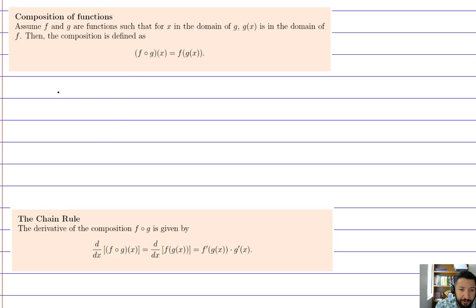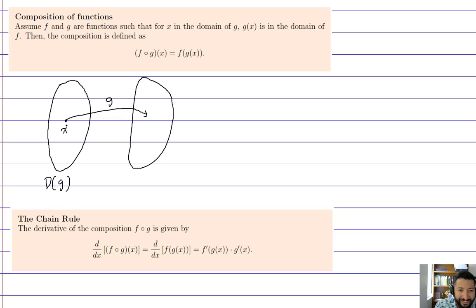So the first thing we're going to do is consider the domain of the function g, let's call it D of g. Let's pick an x, some number in there, and apply the function g to it. Of course, that is defined because we chose x in that domain.